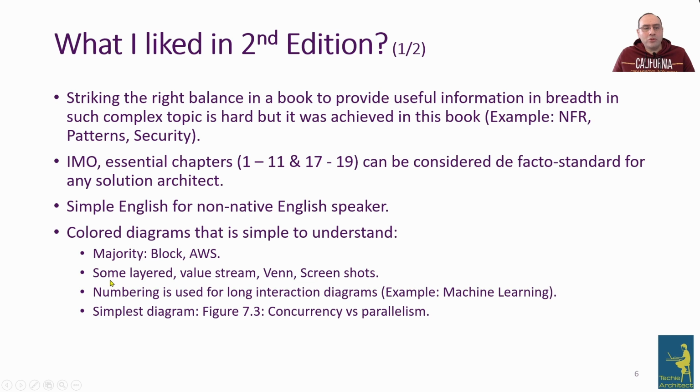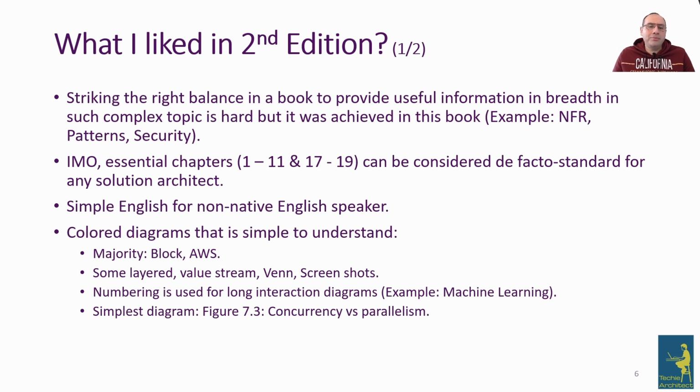Also, some of the diagrams show the layered architecture, some use the value stream, and also some Venn diagrams when showing an intersection between multiple domains, which is really clarified by the diagrams themselves.